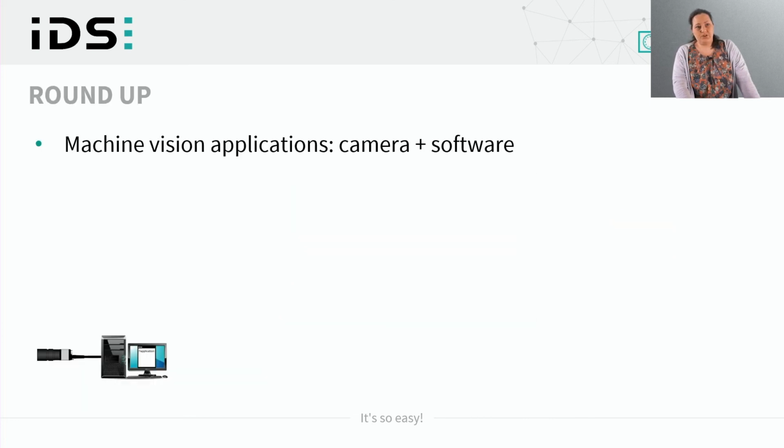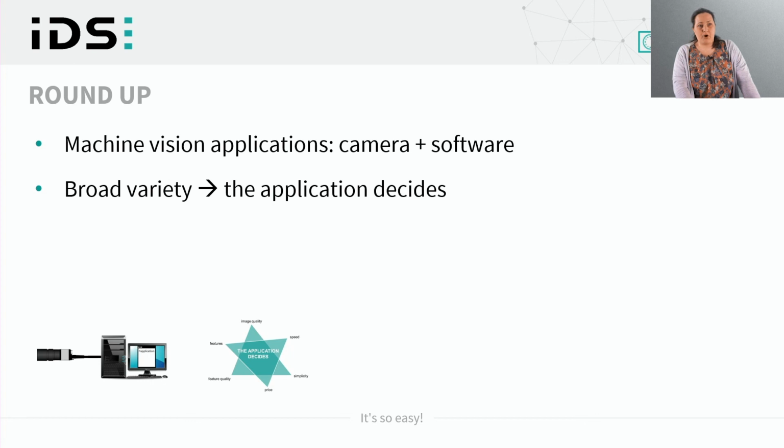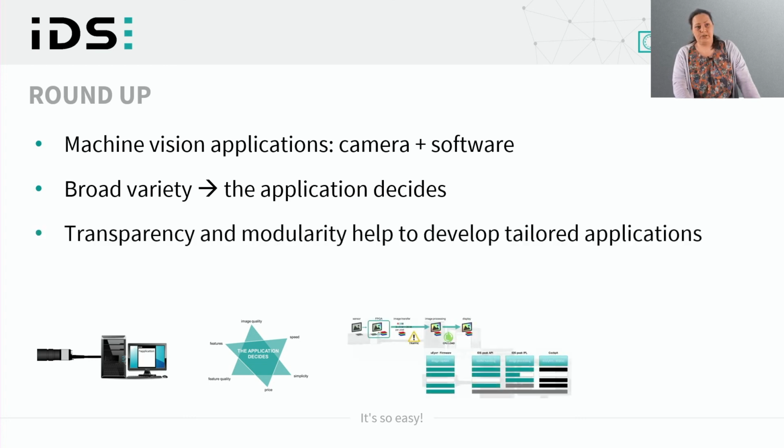We saw that machine vision applications consist of camera and software, and the software can support where the camera is maybe missing some aspects. We have a broad variety of applications, and the application decides what you need as hardware, but also as software features.